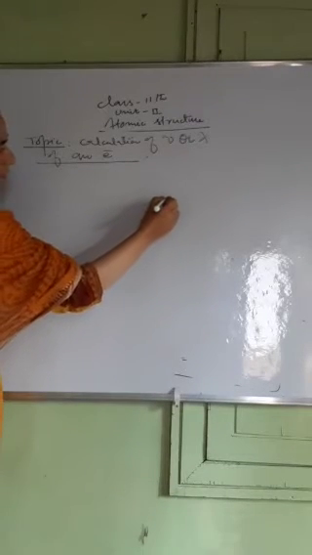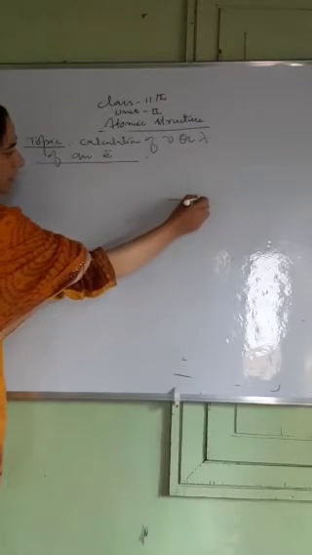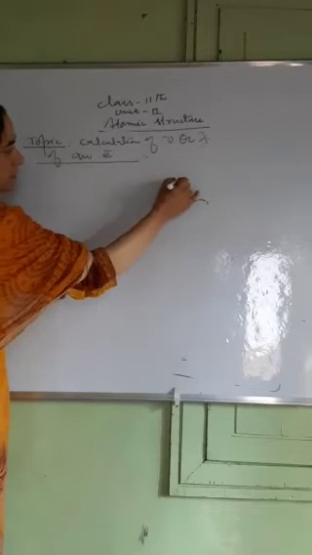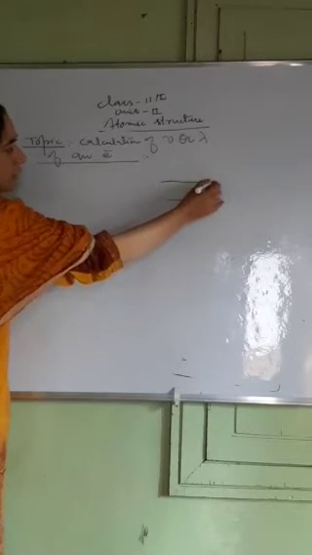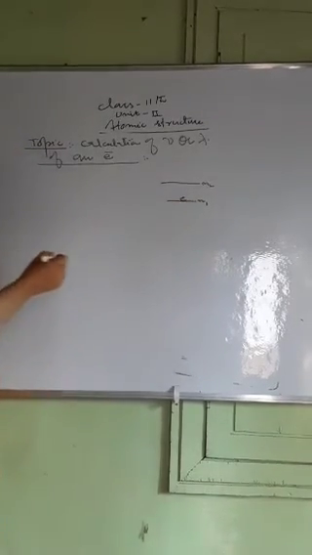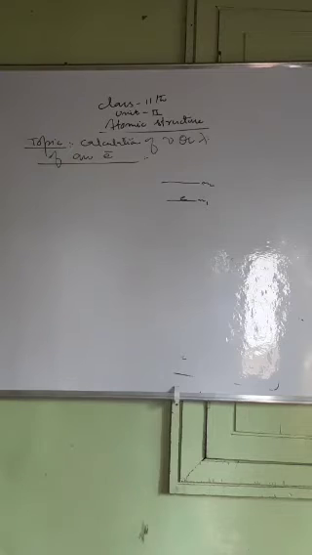Dear students, we know that we have the electron, and suppose this is shell number 1 and this is shell number 2. According to the Bohr's theory, if the electron is present in the ground state, it neither emits energy nor absorbs energy. Now, if we supply energy to this electron, it will absorb the energy and it gets excited to the higher energy levels.